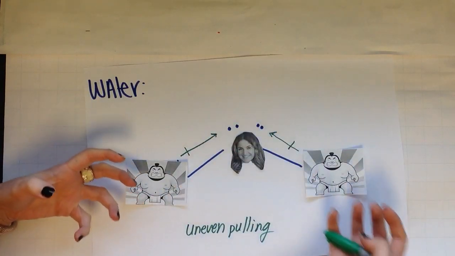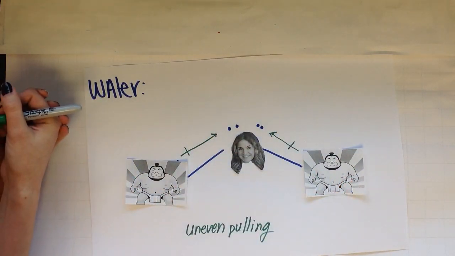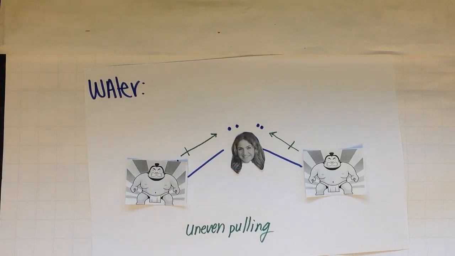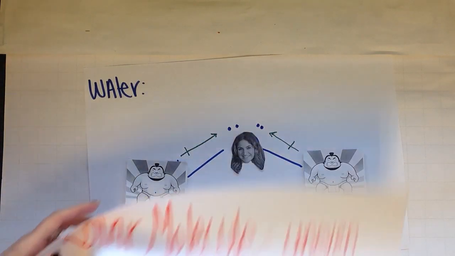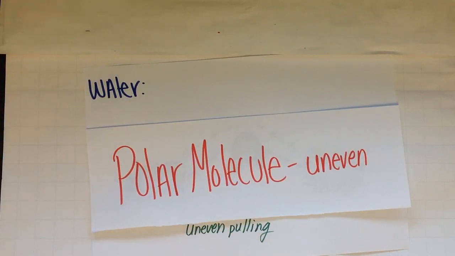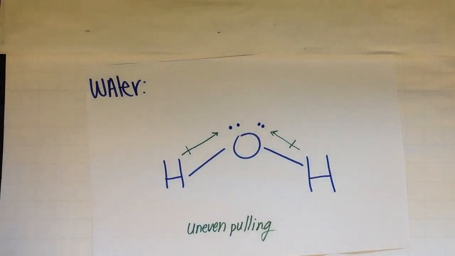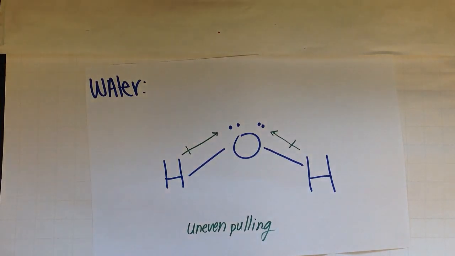So these 2 guys end up pulling a little bit as well. So this uneven pulling makes this overall molecule polar. Basically what's important is to look at the overall pushing and pulling of what's happening. And obviously, clearly in this instance, these lone pairs made a difference. So this is going to be our overall explanation. It's important to understand the concept and these examples specifically.